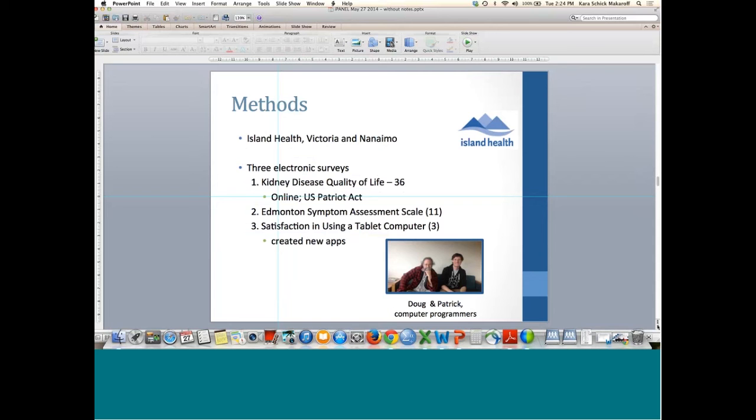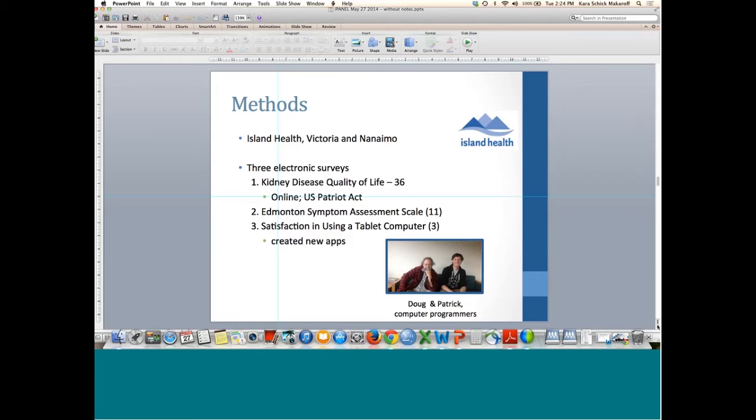The first was the Kidney Disease Quality of Life 36, and this was collected online and then stored on a US database. If any of you techies are out there who have worked with a US database before, your ears may have perked up, because yes, I indeed did have to attend to all the intricacies of the US Patriot Act, and I'm happy to discuss that more if any of you have questions about it, but I'll leave it there for right now.